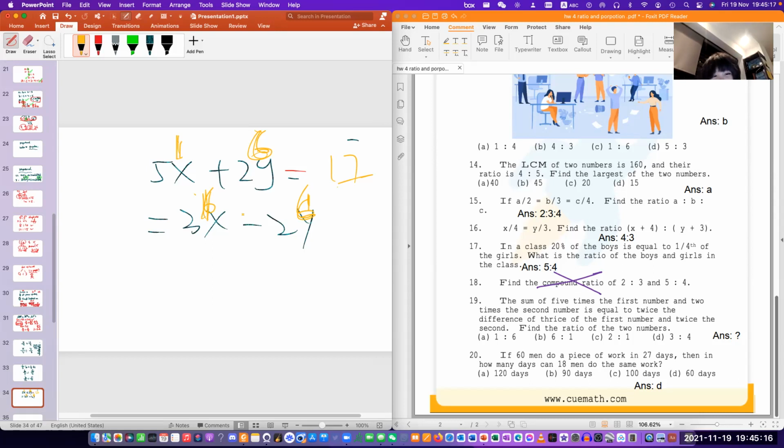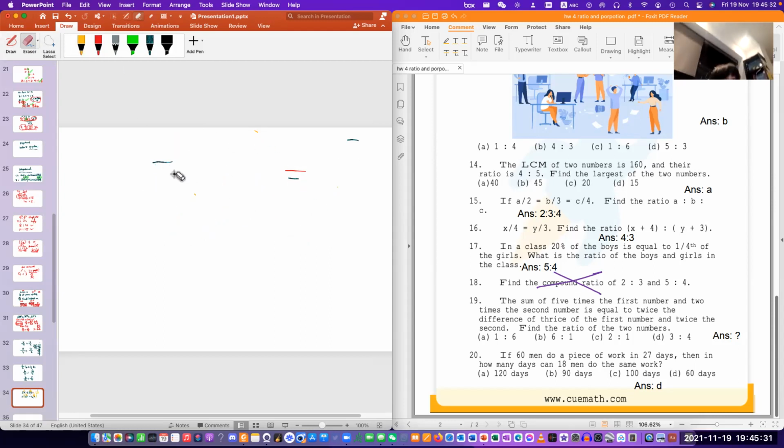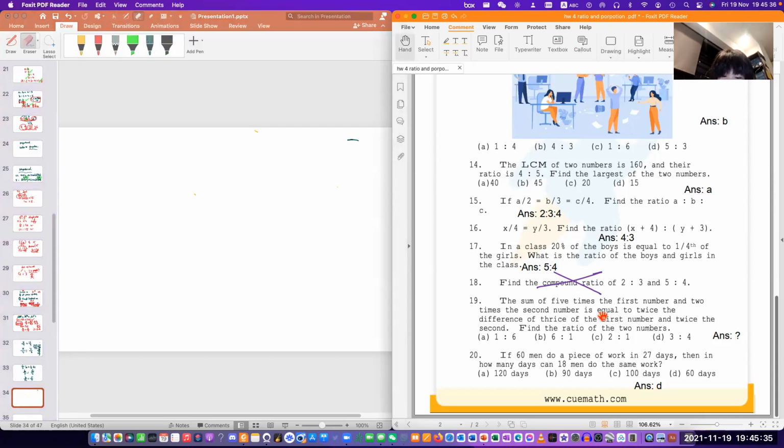Hold on. Try, okay, equal to twice the difference of, oh, no, times two, I'm sorry. I missed out something. That's why I say the English part is harder than the mathematics part. Can you see the word twice here? I missed out the twice here. Oh, okay.